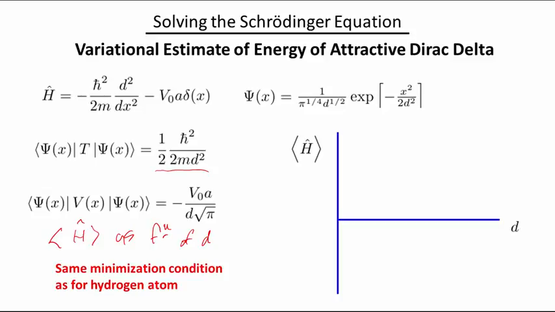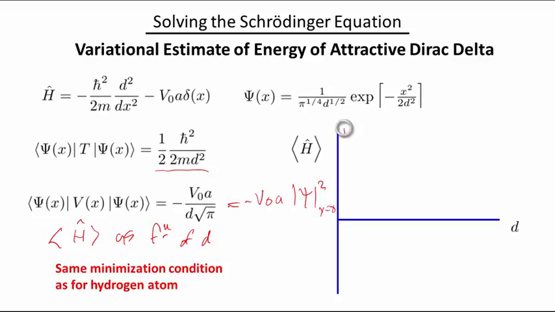All we need to do is, when we integrate over the delta function, we just get minus V0 a times psi squared evaluated at x equals 0, right? Because the delta function just takes a measure of the weight on top of it at the origin, and so psi squared at x equal to 0 is just d over the square root of pi.